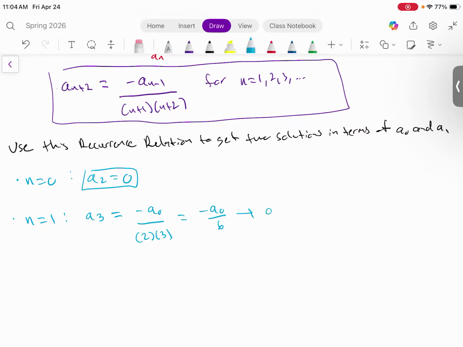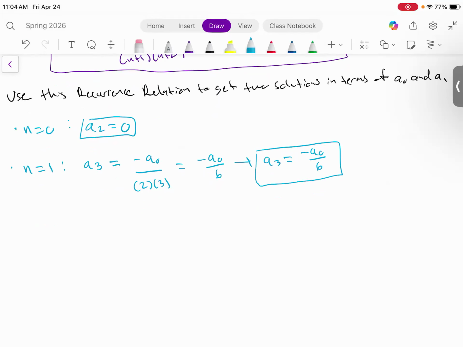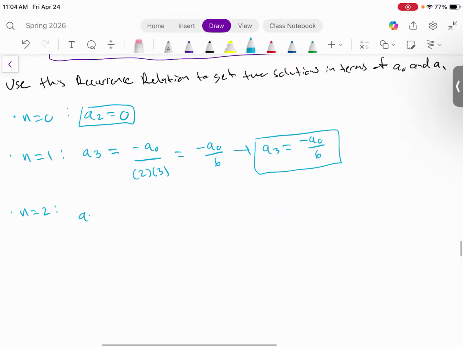So a3 equals negative a naught over 6. Now for n equals 2, if I plug 2 into my recurrence relation, I would get a4 equals negative a1 over 3 times 4, which equals negative a1 over 12. So a4 equals negative a1 over 12.